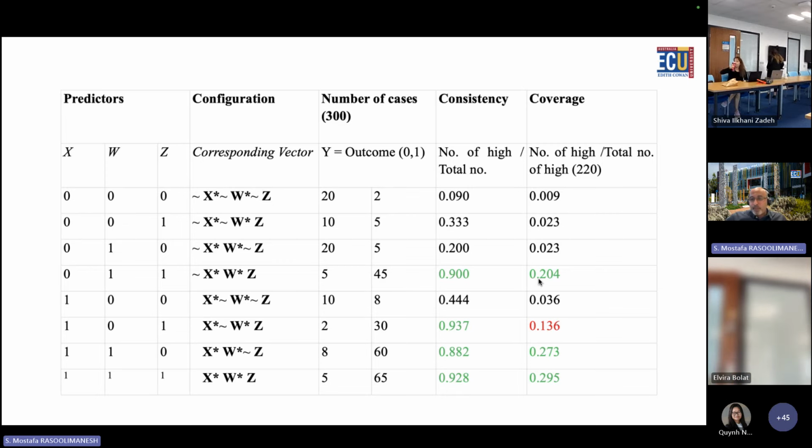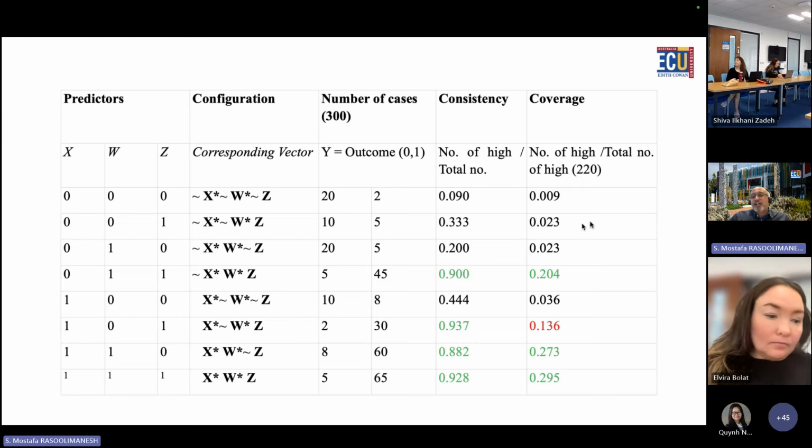And coverage: 45 is the number of cases with this specific configuration that led to a high level of outcome. So we have 45 high outcome. What's the total number of high outcome? It is 220.